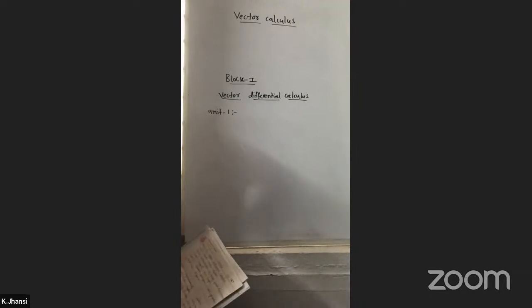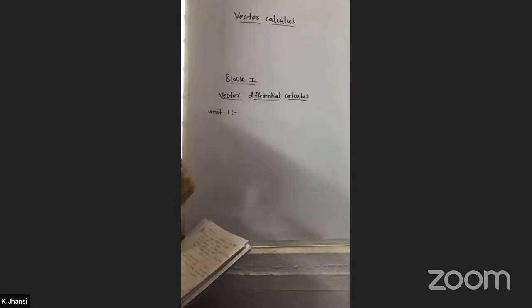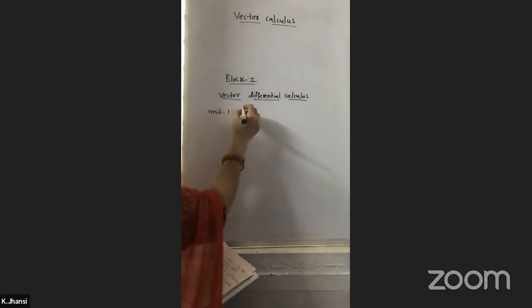Vector algebra means the addition, subtraction or multiplication of vectors. So that is about basic vector algebra.